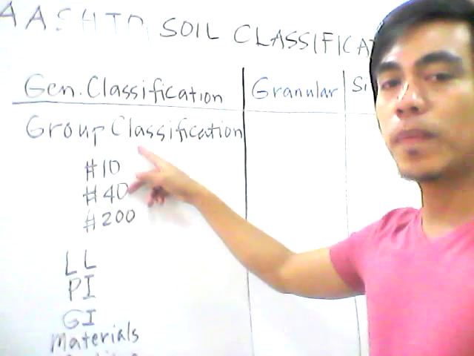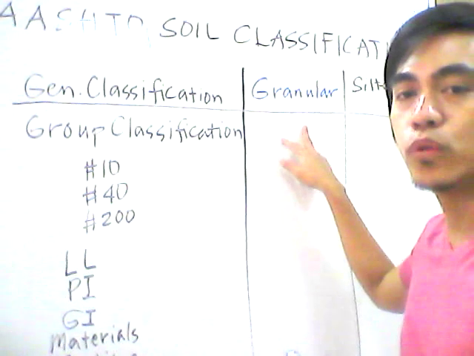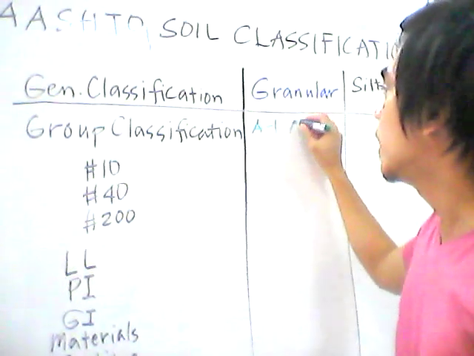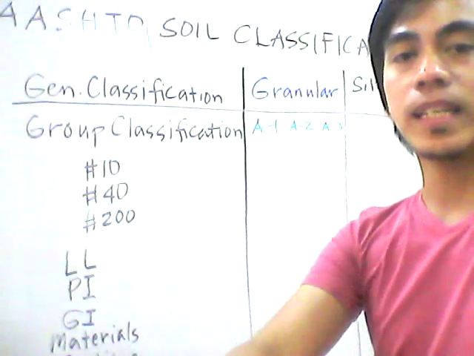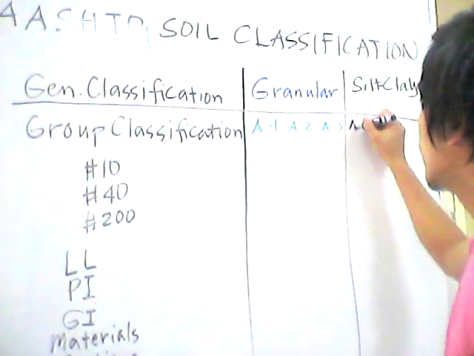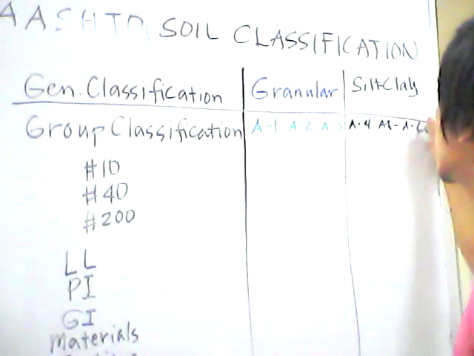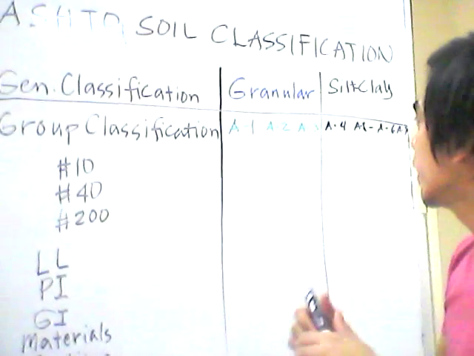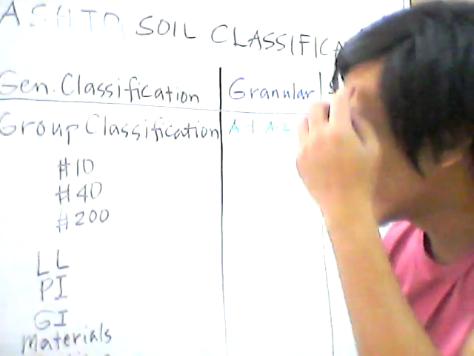On the second row is the group classification, in which the granular material is subdivided into 3. We have A-1, A-2, and A-3. For silt clay materials, this is classified as A-4, A-5, A-6, and A-7. So all in all, we have 7 group classifications, 3 for granular and 4 for silt clay.